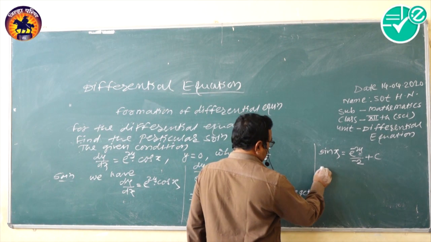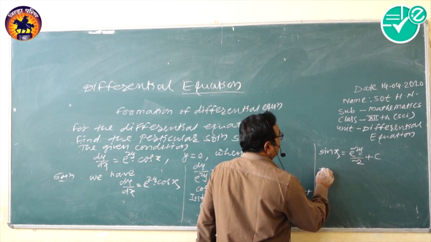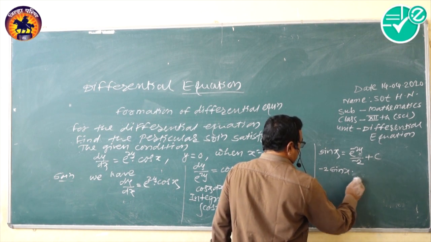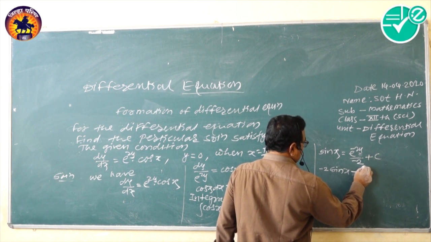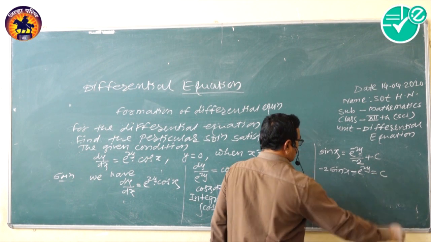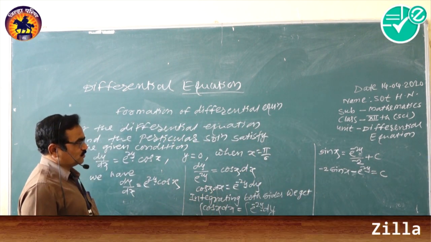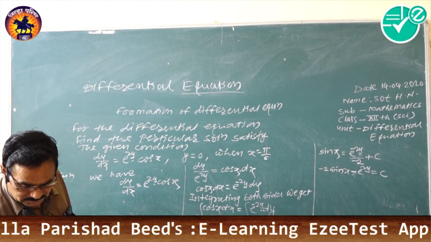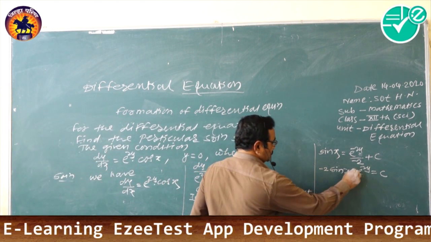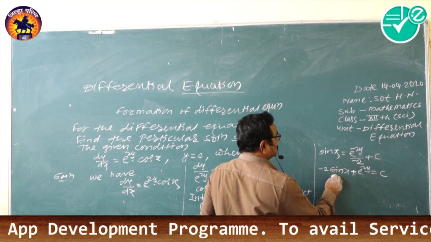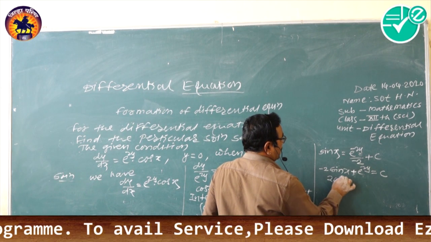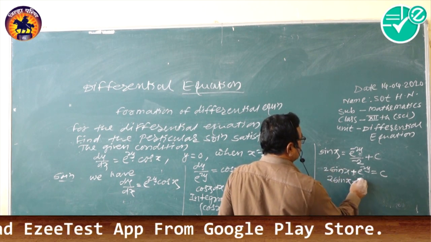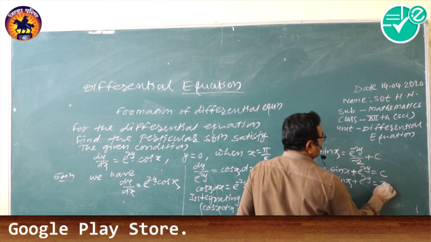After that, minus 2 sin x equal to e raised to minus 2y plus c, that is 2 sin x plus e raised to minus 2y equal to 2c.